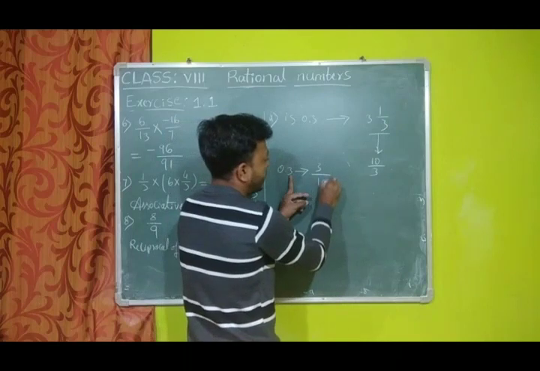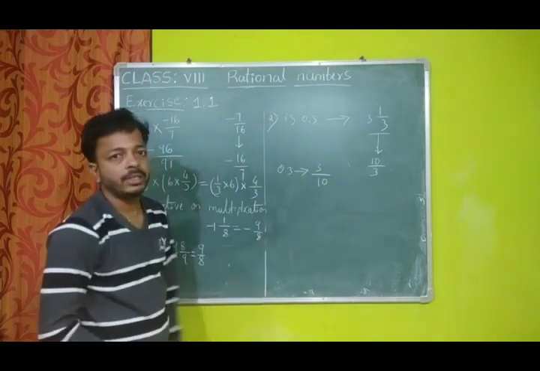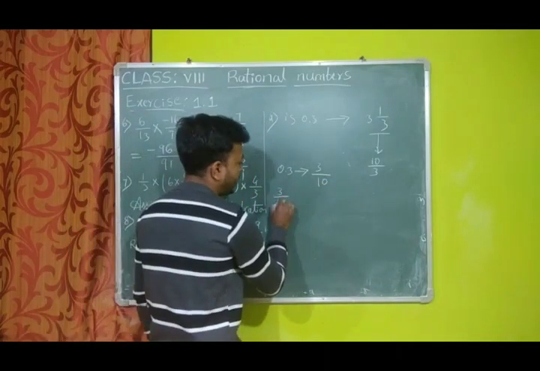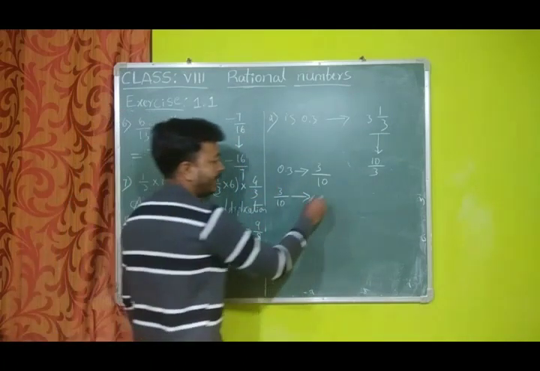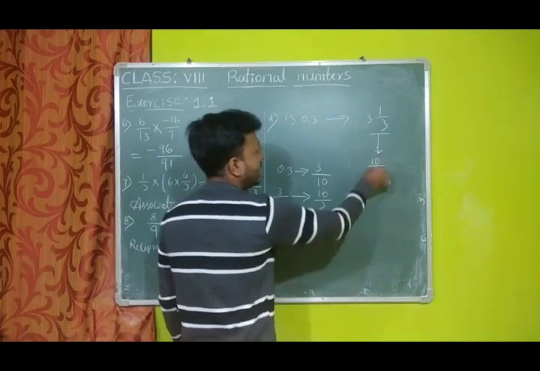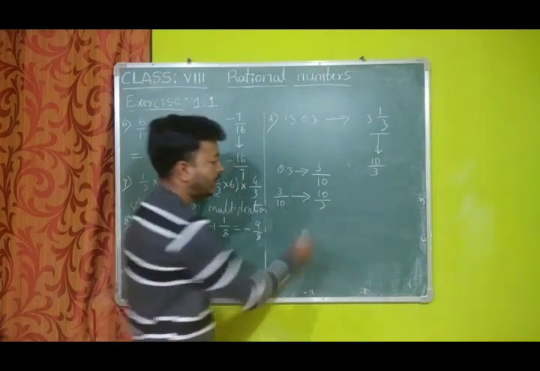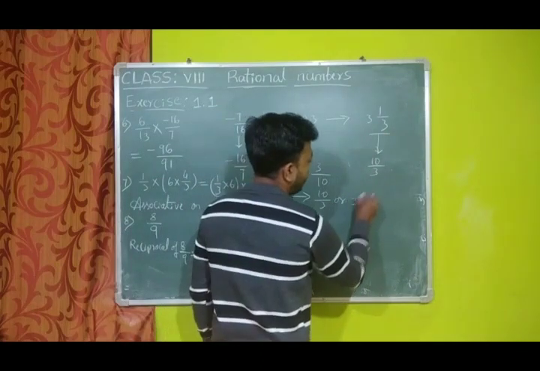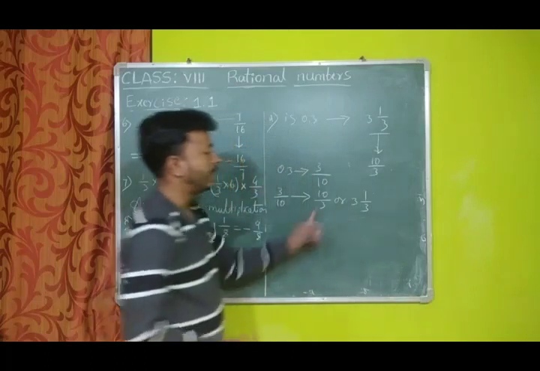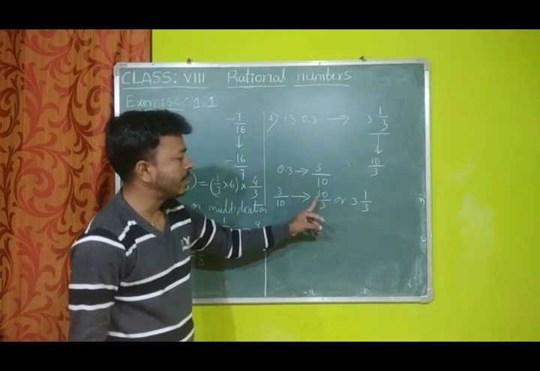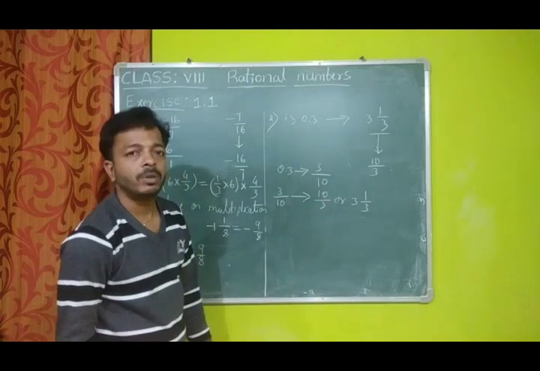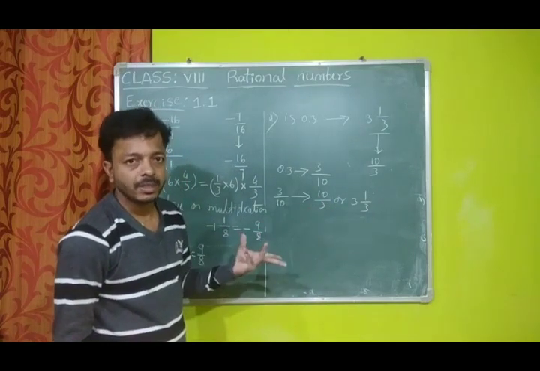So in the denominator it is 10. 3 upon 10. The reciprocal, the multiplicative inverse of 3 upon 10, is what? 10 upon 3. So yes, it is right. Or you may write it as 3 1 upon 3. The multiplicative inverse is 10 upon 3 or 3 1 upon 3. Yes, it is right. Understood?